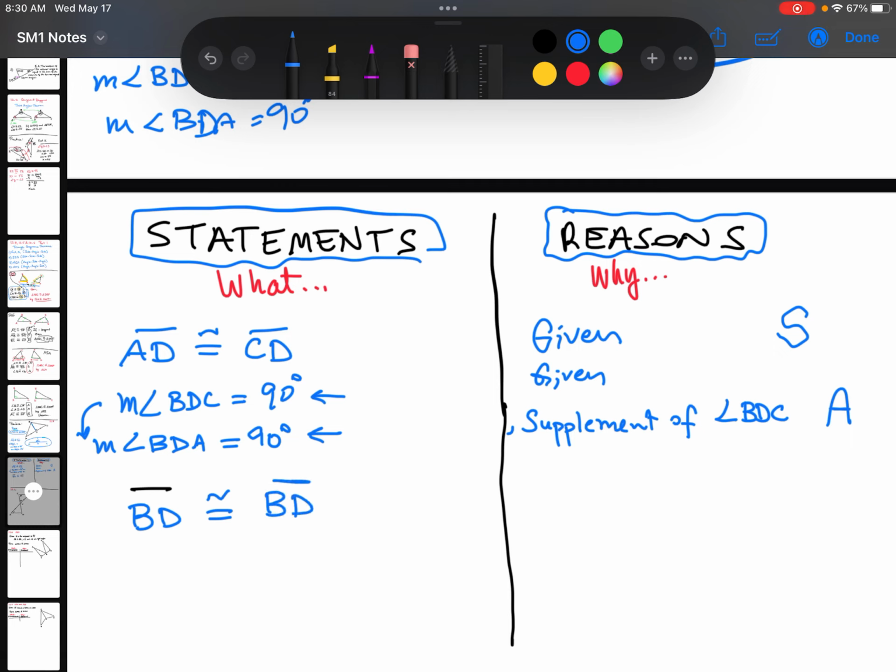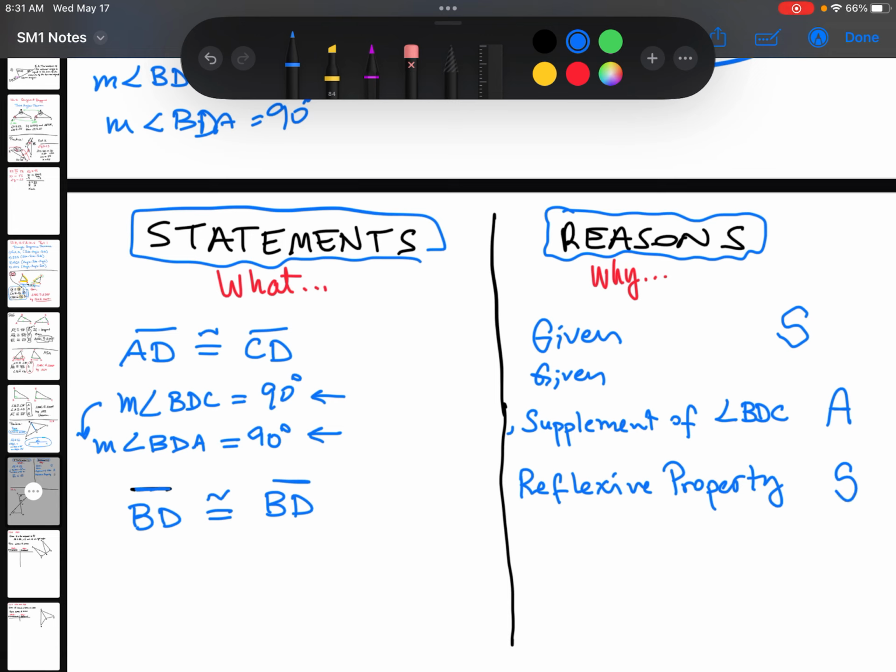It's repeated, right? And why is that? Because of the reflexive property, sorry, I made a mistake here. So because of the reflexive property of segment congruence, and again, as you can see, they have this segment in common, then those segments are basically the same. It's the same thing, okay?